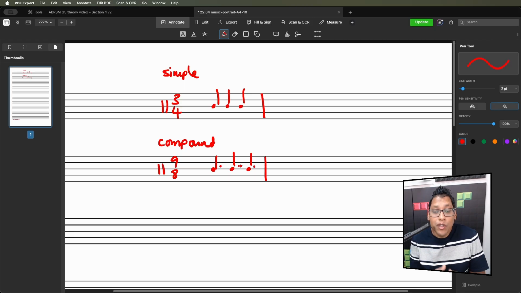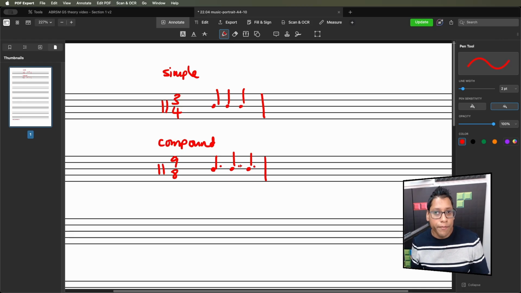So even though we do have 9 quavers in the bar, we don't actually count 9 quavers. We actually count the 3 dotted crotchets. So 3/4 has 3 beats in the bar, but 9/8 also has 3 beats in the bar. In 3/4 we'd get 1, 2, 3, and in 9/8 we would get 1, 2, 3, 4, 5, 6, 7, 8, 9.